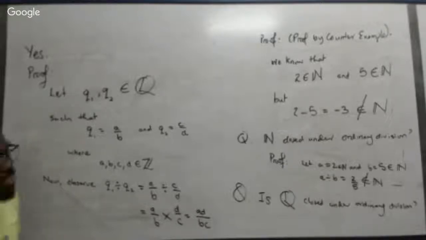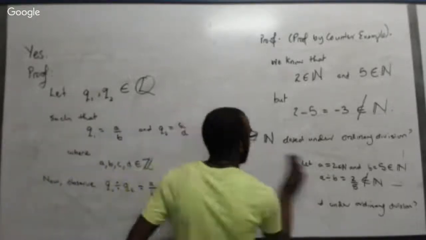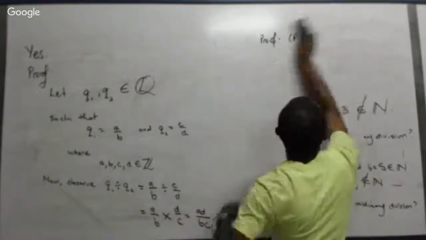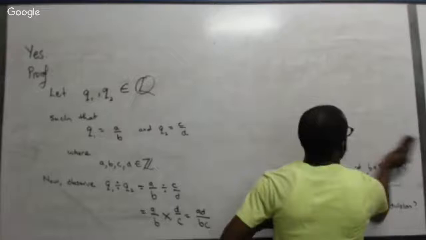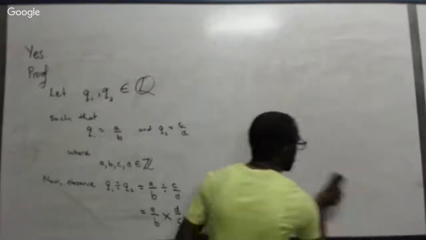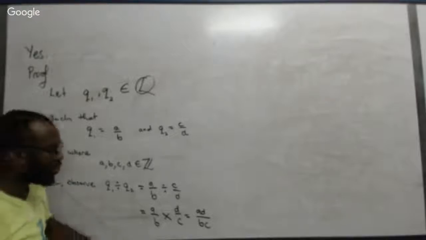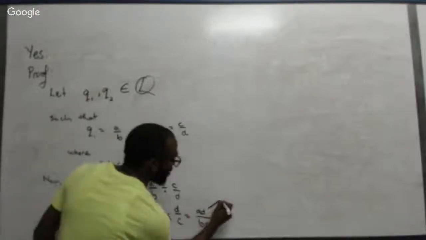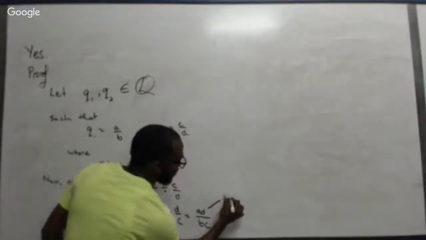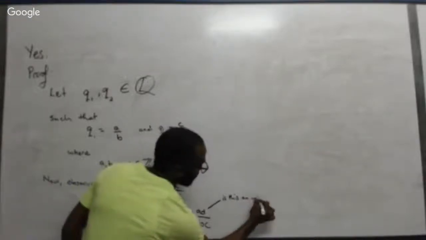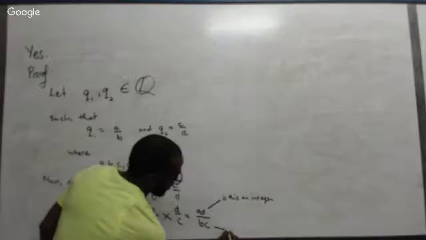For it to be a valid rational number, what is the end game? What makes a rational number again? A fraction where the numerator must be an integer and the denominator must be an integer. So the question is, is AD an integer? And is BC an integer?